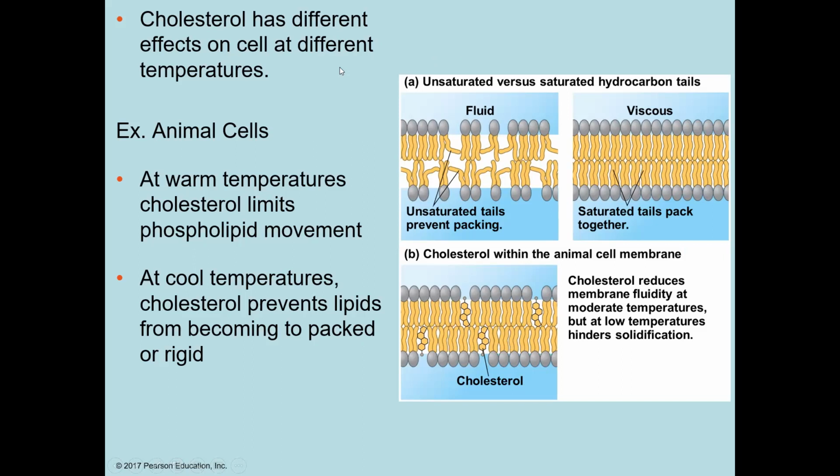So let's say that we have an animal cell, and the animal cell is being subjected to an increase in temperature. Now, we don't have huge variations in our animal cell conditions because we have homeostasis, we regulate our internal temperature, but other cells and other organisms do have to contend with a little bit more temperature variation than we do.